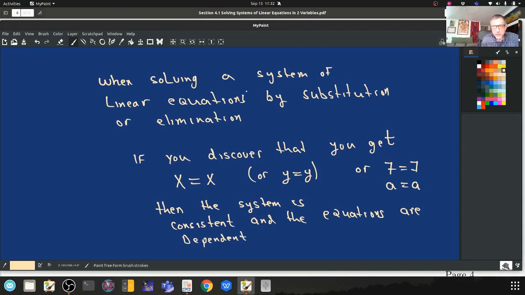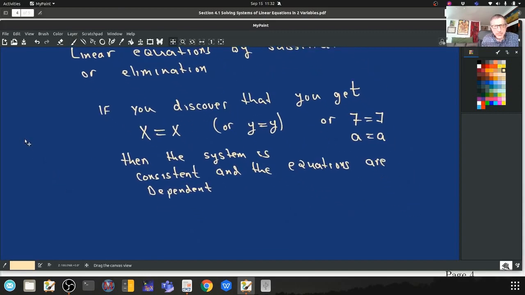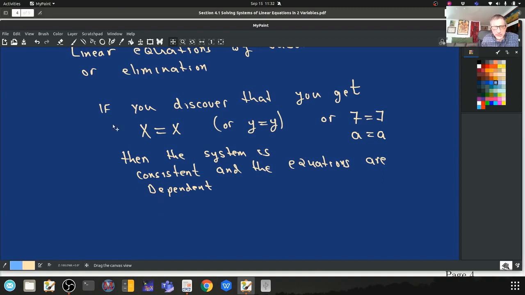What does this mean visually? Visually, this means parallel lines, an infinite number of solutions.